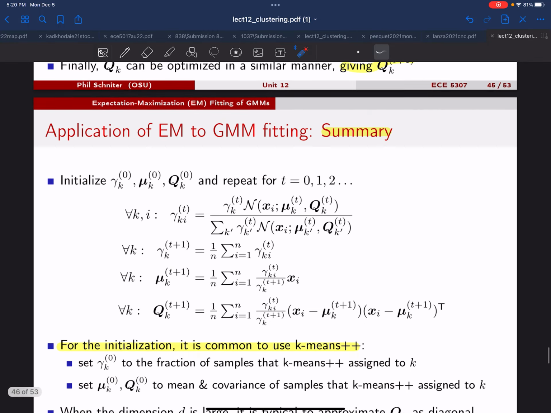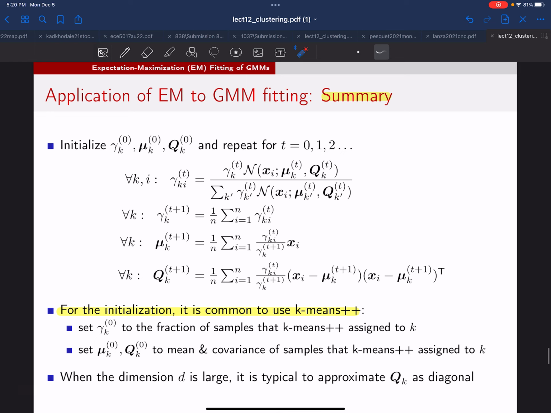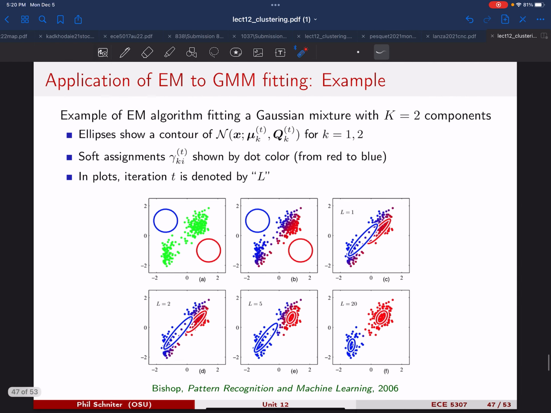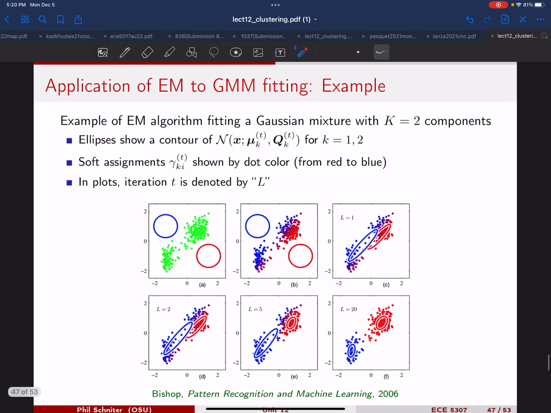All right, so that summarizes how we apply EM to GMM fitting. And finally, let's go through an example on a small data set. These show the iterations.